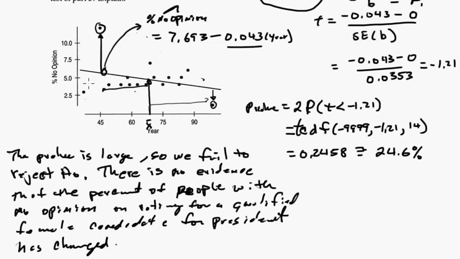Otherwise, the slope is probably 0 or very close to 0. By doing the hypothesis test, we can say that even though there is some bit of a slope, it's not statistically significant.